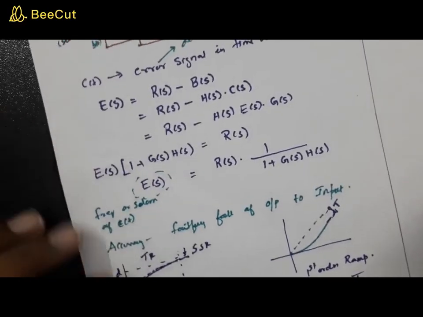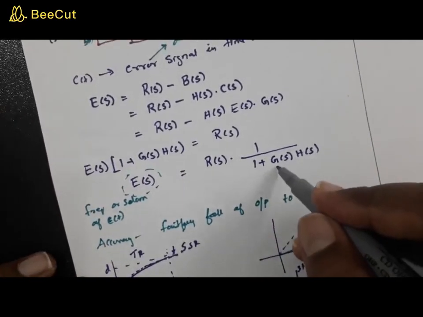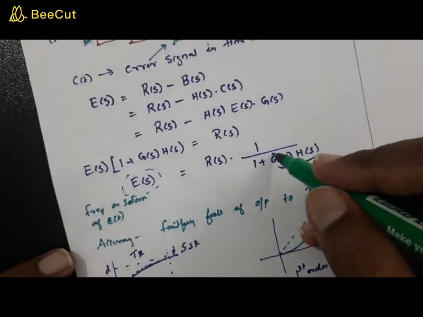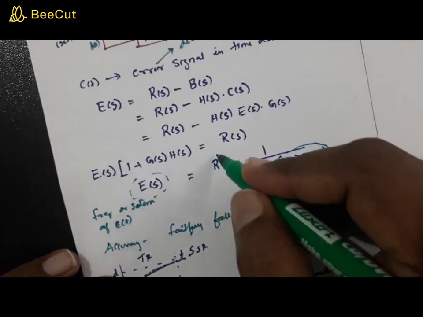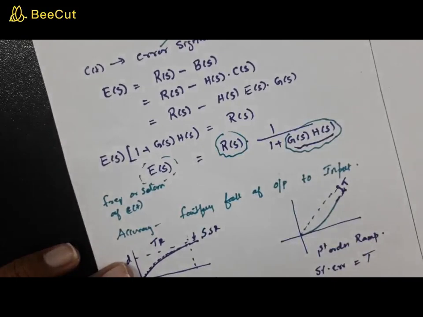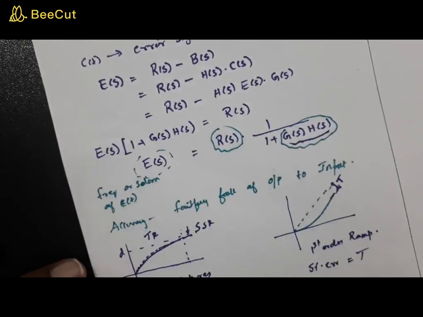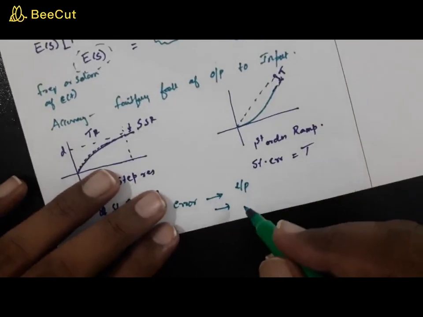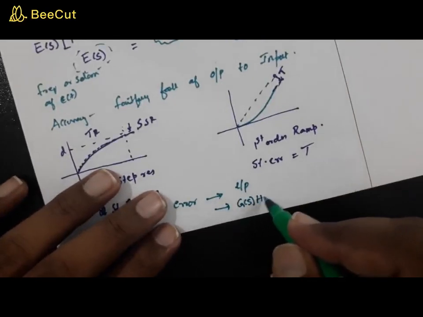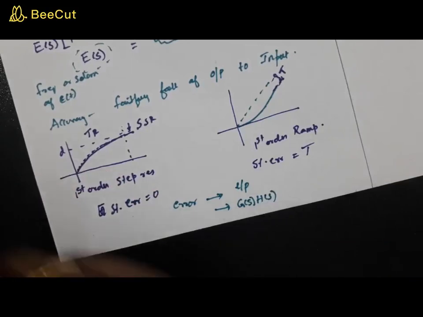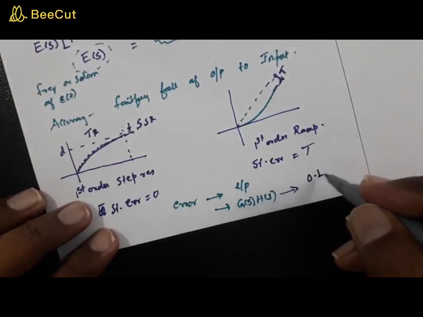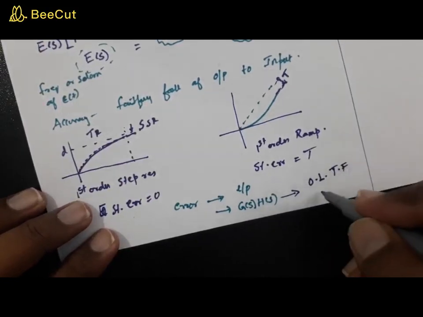This error depends on two things: one is the input, and the other is the product G(s) into H(s). G(s)H(s) is called the open loop transfer function of a closed loop system.